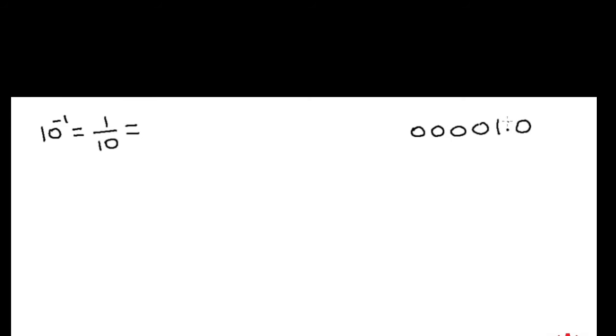Here it is 1.0. Now I have to shift this decimal point minus 1, that is 1 position backward from 1.0. So I'll be shifting this point here. Now it has become 0.1. It is denoted by small d, that is deci.